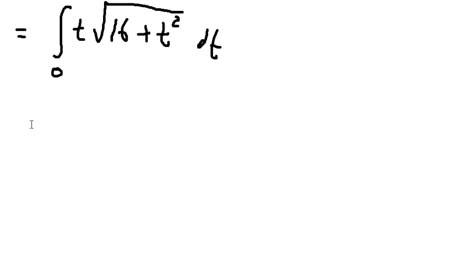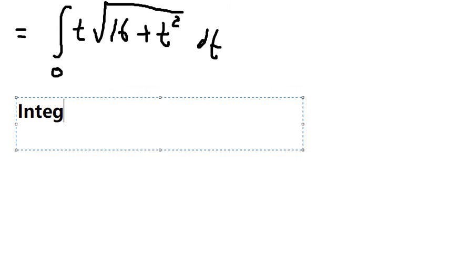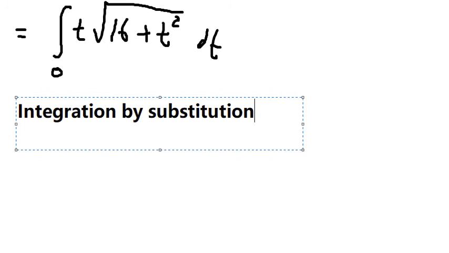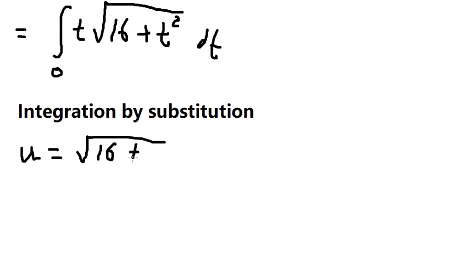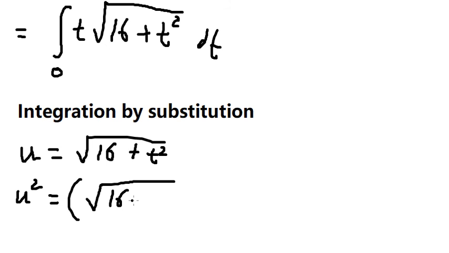Next, we can use integration by substitution. So I will put u equals the square root of 16 plus t squared. Later, we put the power 2 on both sides, so we can remove the square root.